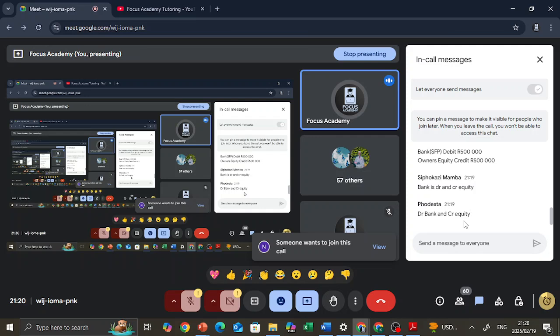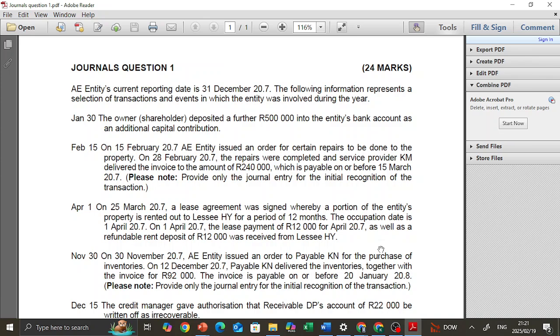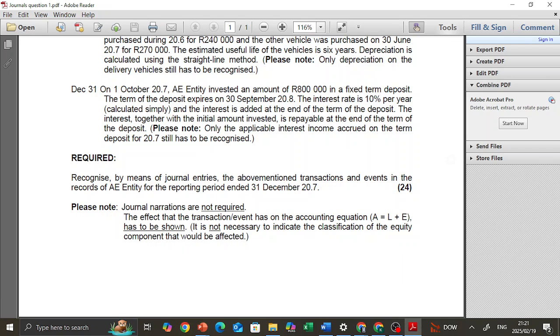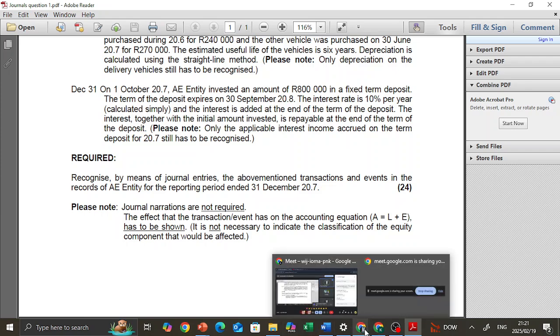In this case, let's read the bottom. It is not necessary to indicate the classification of the equity component that would be affected. Meaning, out of all our abbreviations, we do not have to write SCE.